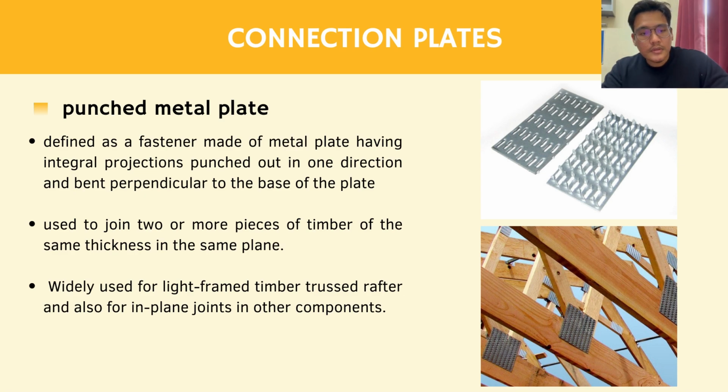It means that they make U-shaped holes on the metal sheets and then bend them perpendicular to the base, so it creates a kind of nail bed of metal sheet. Then they use this to join two or more pieces of timber of the same thickness in the same plane and make them symmetrical to each other. This punched metal plate is widely used for light frame timber trusses, rafters, and also in plain joints in other components.